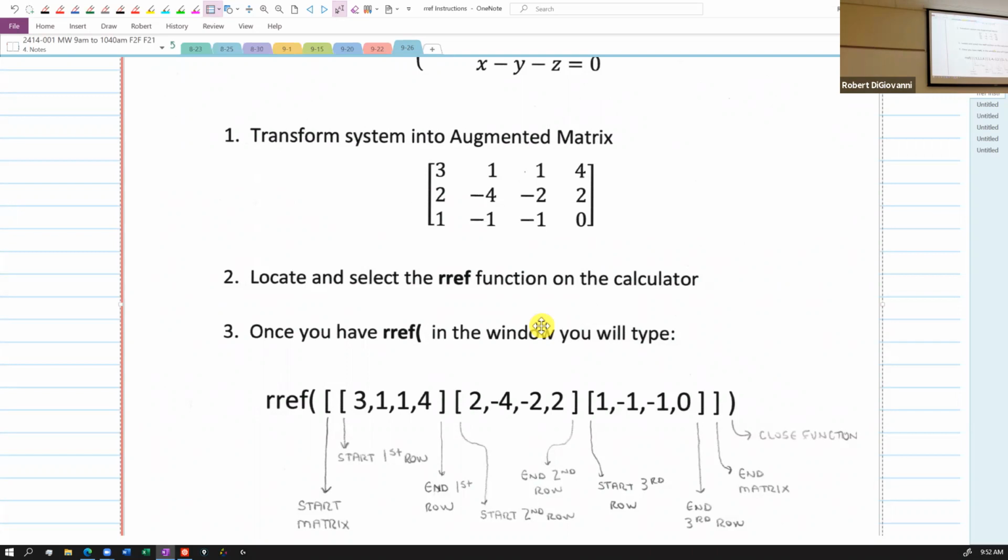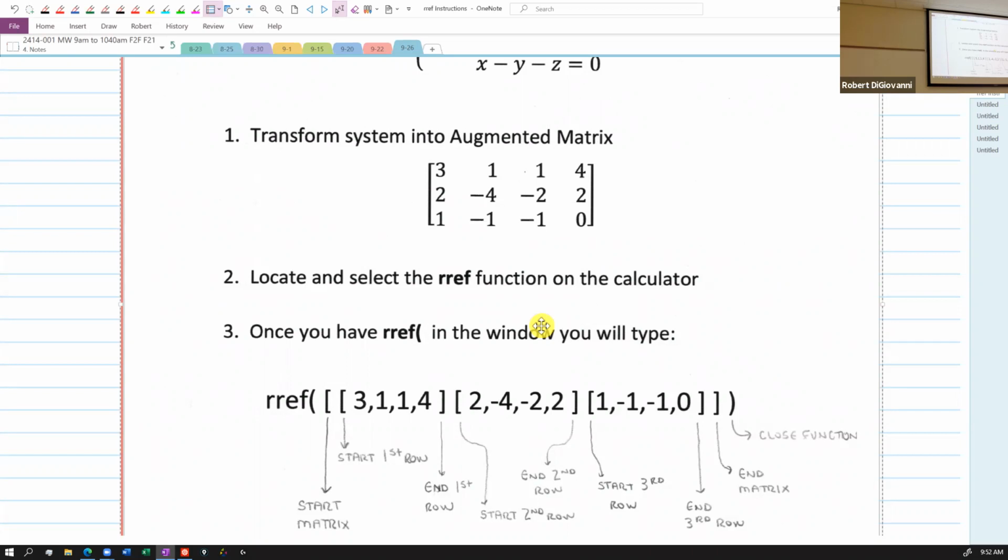No, go down further. Found it? Okay, wait. Find RREF yet? Just go down to R, make sure it's RREF. Just stay right there. Stay, don't move. Did you get it? RREF, RREF? You got RREF yet?